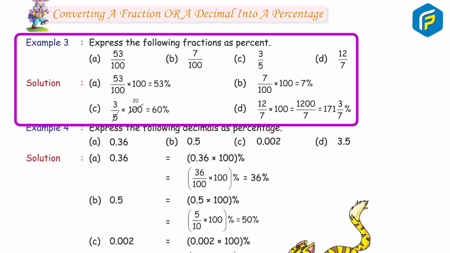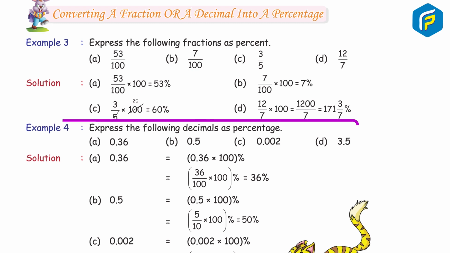Solution: A 53 upon 100 into 100 is equal to 53%. B 7 upon 100 into 100 is equal to 7%. C 3 upon 5 into 100 is equal to 60%. D 12 upon 7 into 100 is equal to 1200 upon 7, which is equal to 171 3 upon 5%. Example 4.